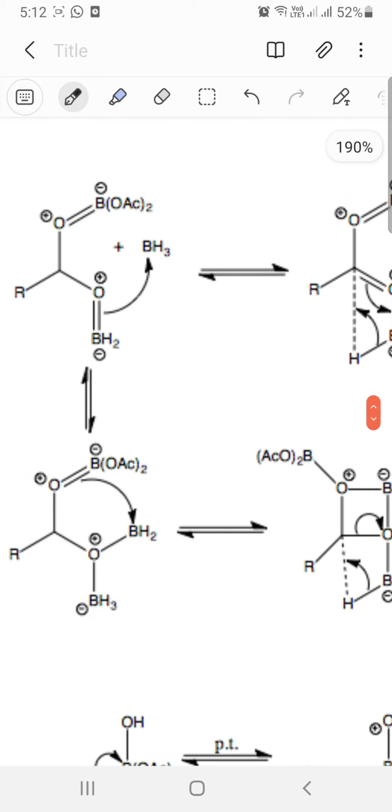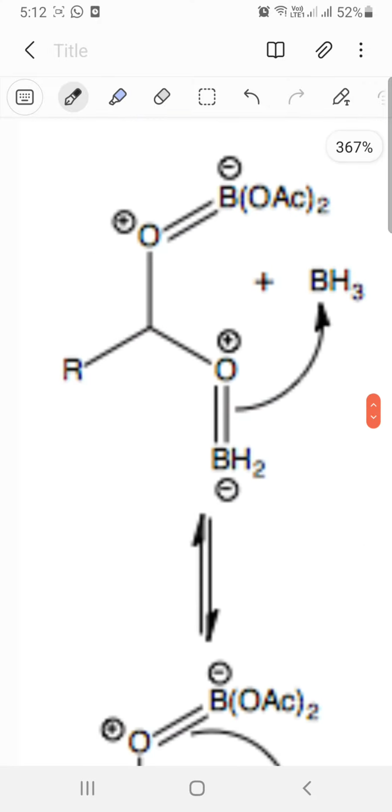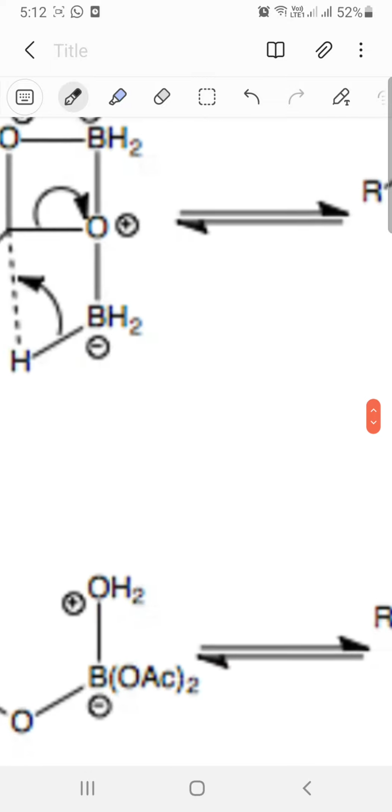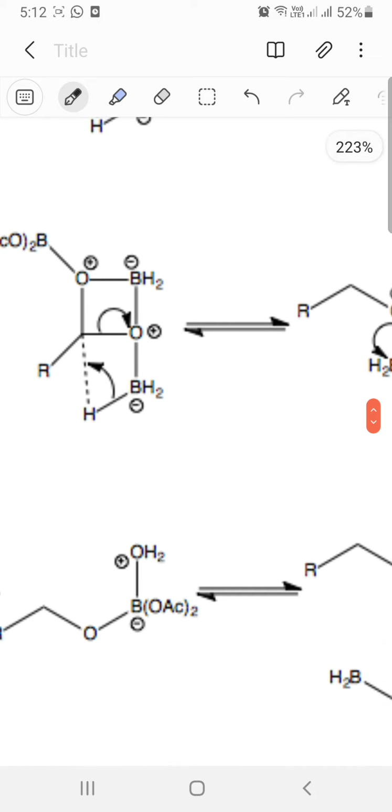Once you have formed this species over there, what happens is that the oxygen over here, when it's not coordinated, attacks the other boron. So this oxygen is bound to two different borons, and then this oxygen attacks the other boron over there, forming this weird cyclic transition state.